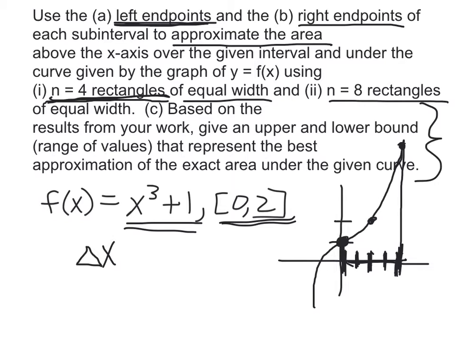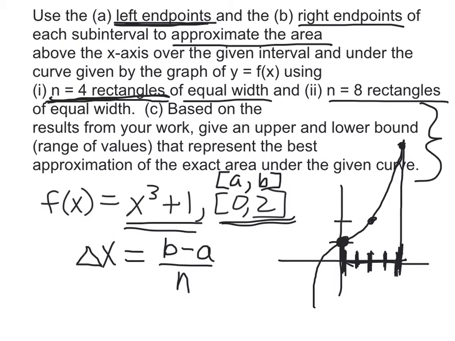There's a quick little way of calculating the equal widths. This one's easy enough that you can figure it out without the formula, but this only works if each width is to be equal: delta x is b minus a over n. The a and the b represent the x values, the interval we're looking at.